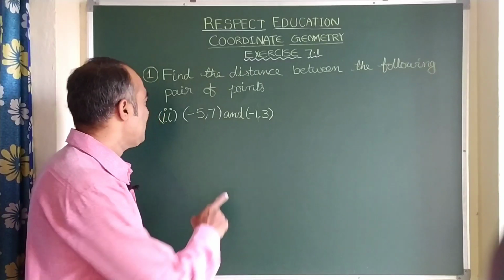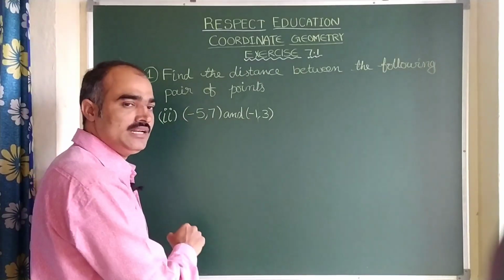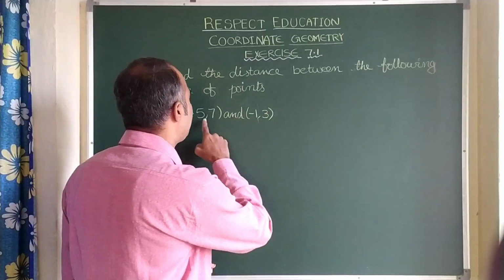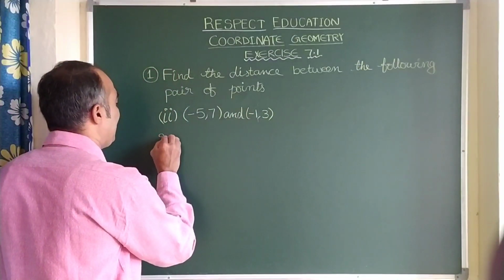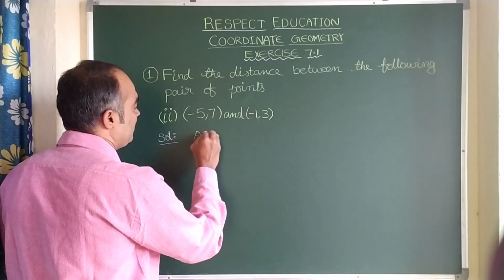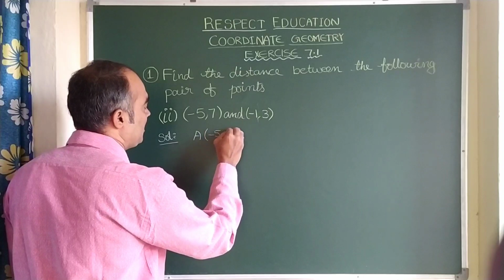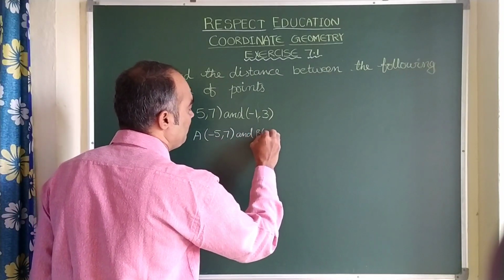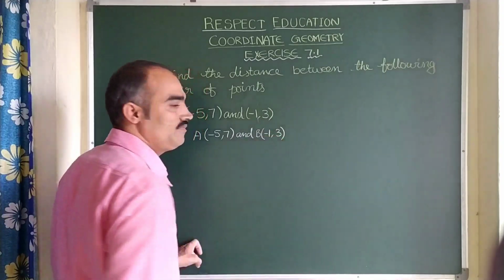The given points are minus 5, 7 and minus 1, 3. So here let us take these points as A and B. So here let A be minus 5, 7 and B be minus 1, 3.